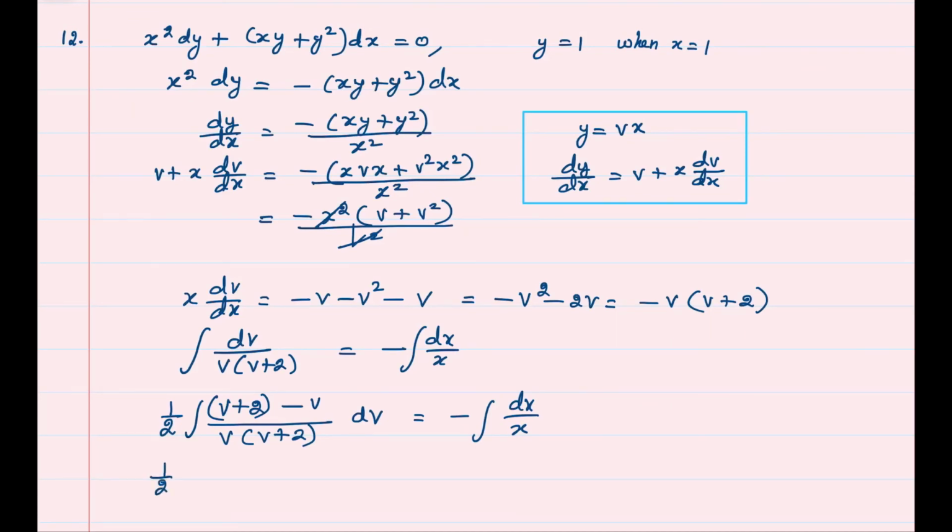Now, we will separate the terms here. (v plus 2) divided by v times (v plus 2) becomes 1 by v, minus v divided by v times (v plus 2) becomes 1 divided by (v plus 2). This comes to the same partial fraction method step. In this case, a will be half, b will be minus half.